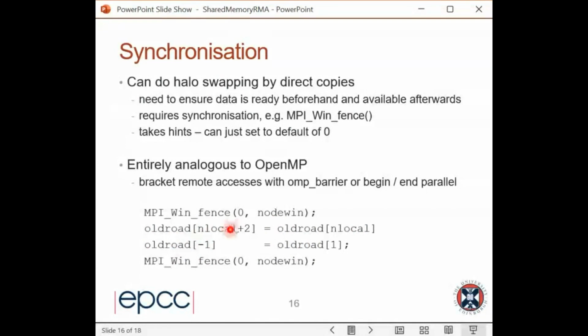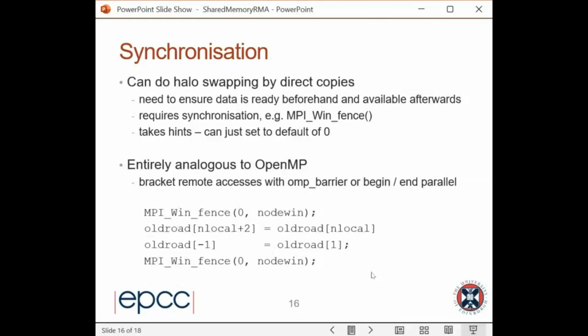However, you can't just do these in isolation. You have to call an MPI win fence to make sure that you're allowed to write to old row on the neighbouring process, that he or she has finished with it, and here you want to say, right, I've finished doing everything. So MPI win fence. The zero there, there are a bunch of hints you can specify, but I always just specify zero. So this is basically a barrier in time and a memory flush.